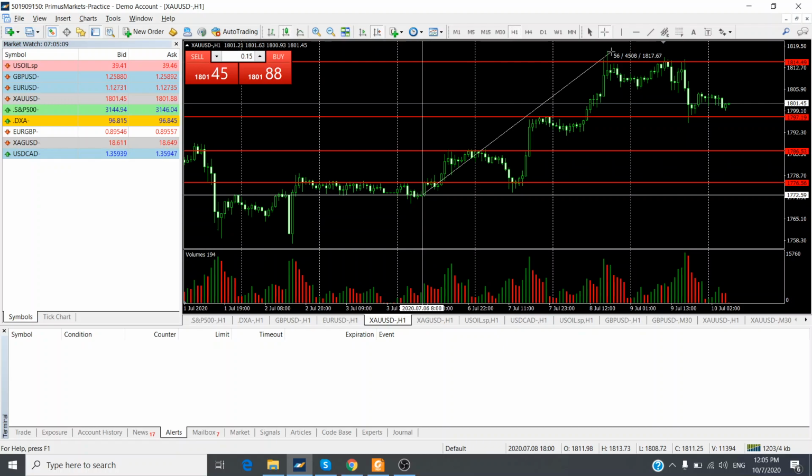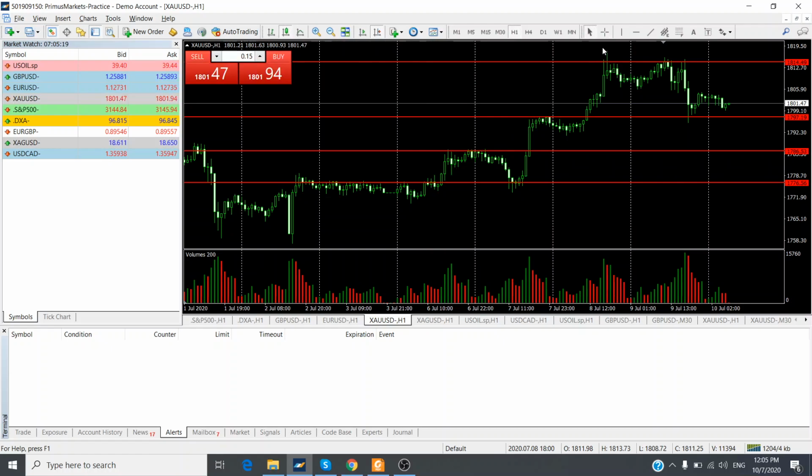So for 3 market days, from Monday to Wednesday, the gold prices moved up about 45 US dollars, which is pretty decent. And again, it provided plenty of trading opportunities for the trader.